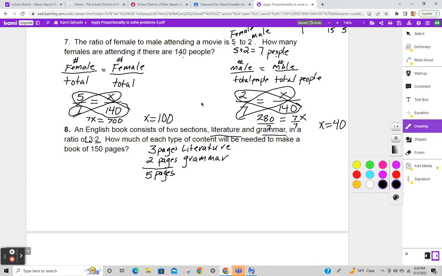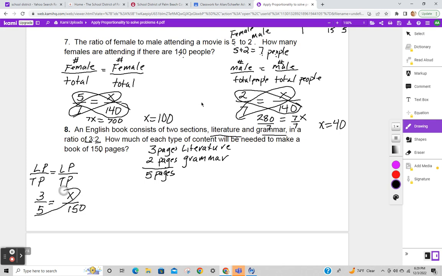So when we write our proportion, it's going to look like this: literature pages over total pages. All right, let's try that. So if we have 3 literature pages in a total of 5 pages, how many literature pages do we have if we have a total of 150 pages?